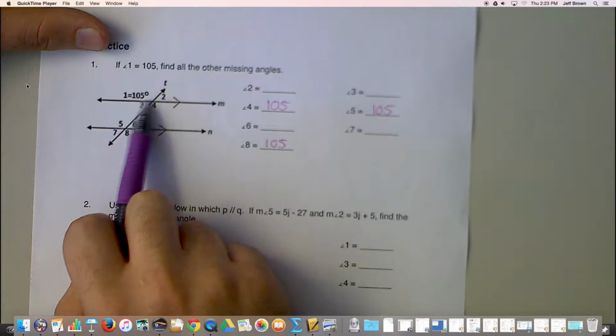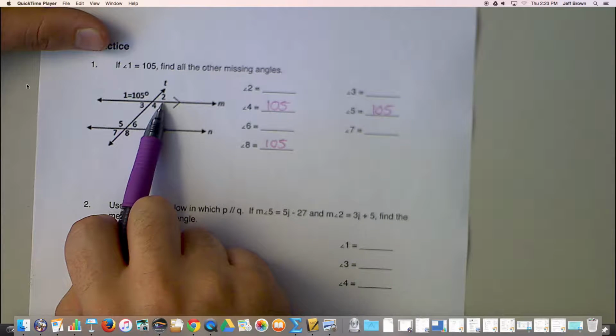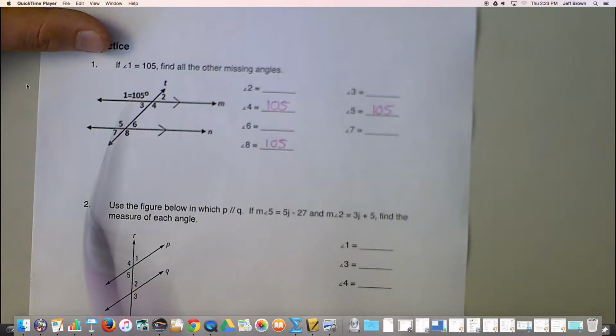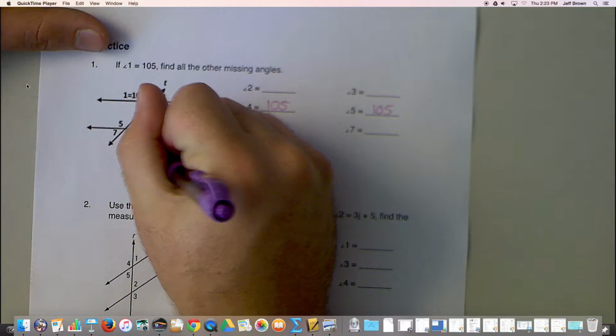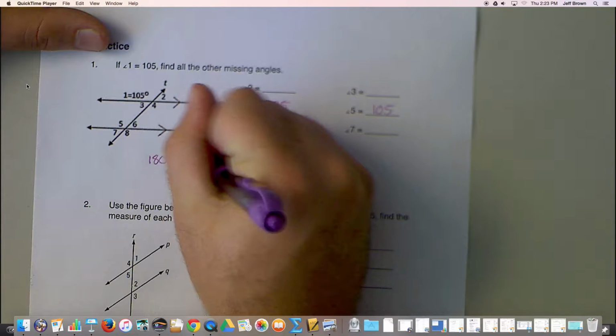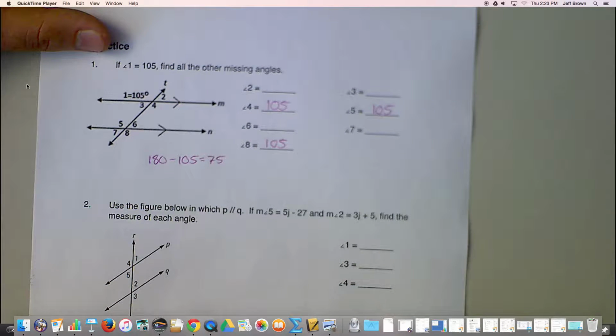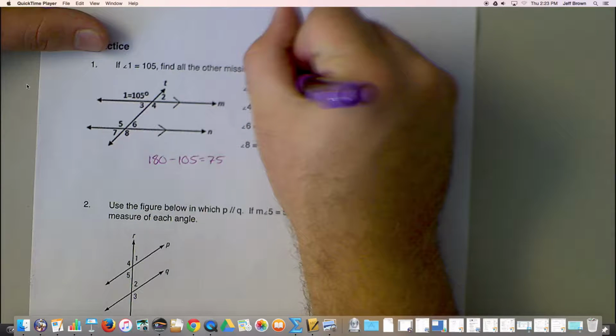That would make these two linear pairs, which means they are supplementary and add up to 180. So I know that 105 plus my angle 2 here has to equal 180. So what I can do is 180 minus the 105. It's going to tell me that that other angle must be 75 degrees. So my angle 2 here is 75 degrees.